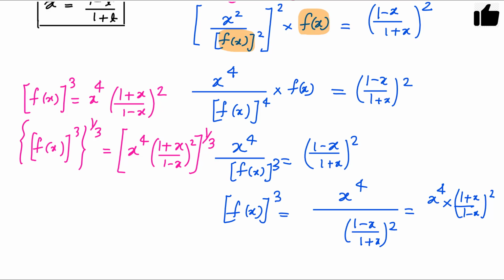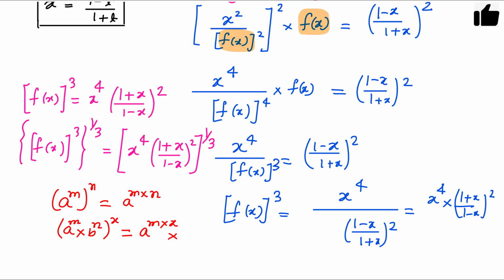Now you can use the rules of power. If you remember, a raised to the power m, raised to the power n, can be written as a raised to the power m times n. And also if we have a to the power m times b to the power n, raised to the power x, then this can be written as a to the power m times x, times b to the power n times x.